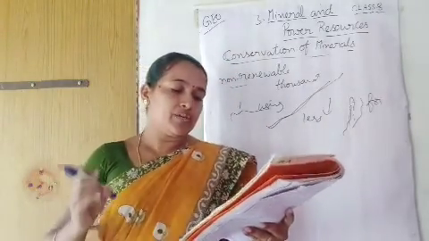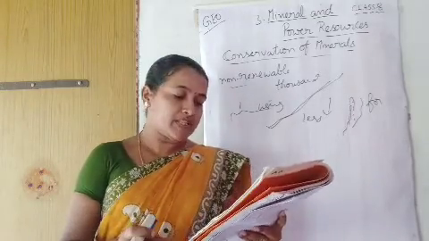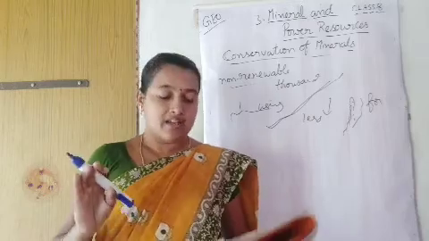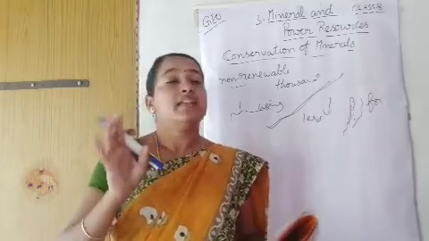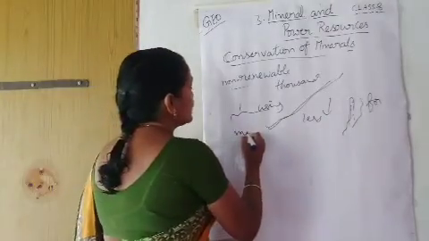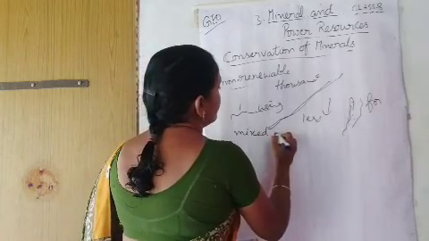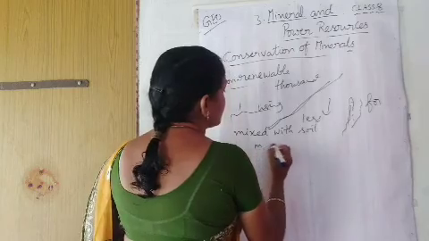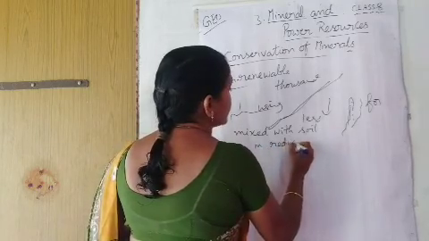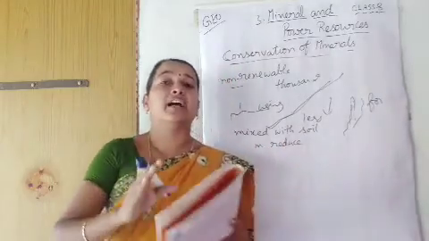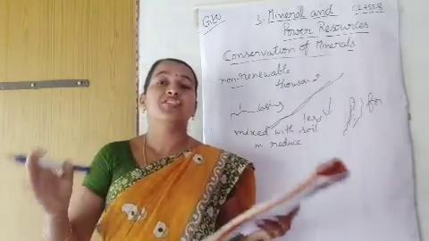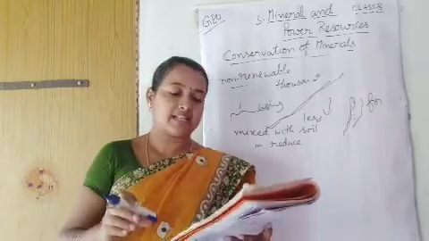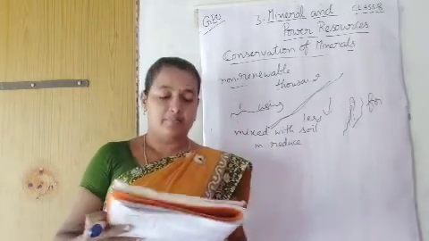It is necessary to reduce wastage in the process of mining. These minerals are mixed with soil, and while clearing it we waste a large quantity of minerals. That's why we have to reduce the wastage.